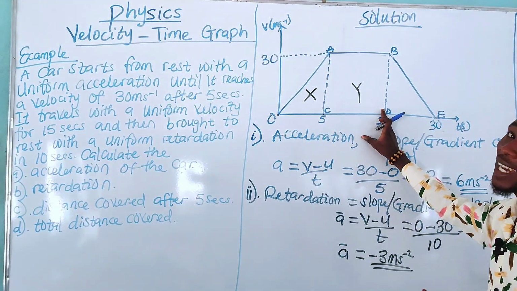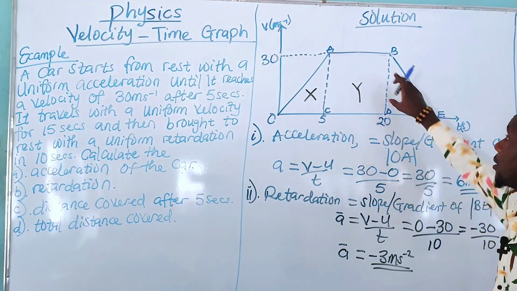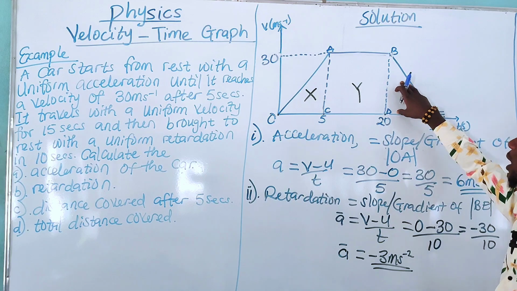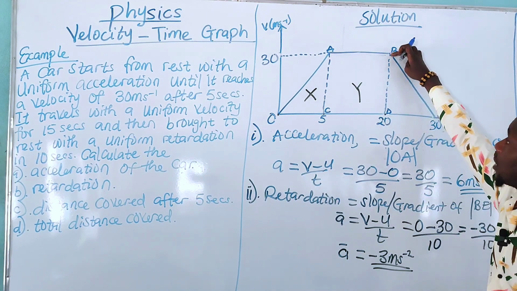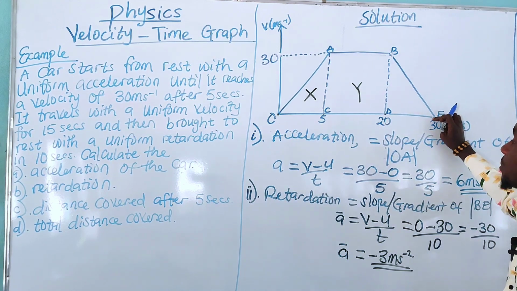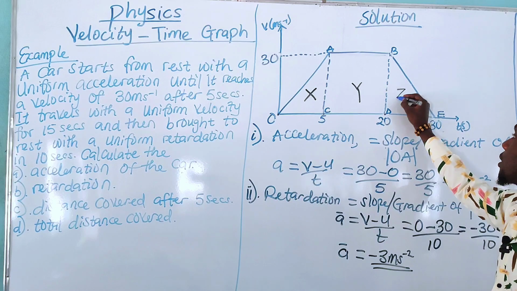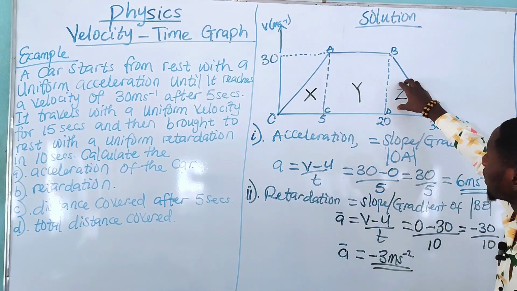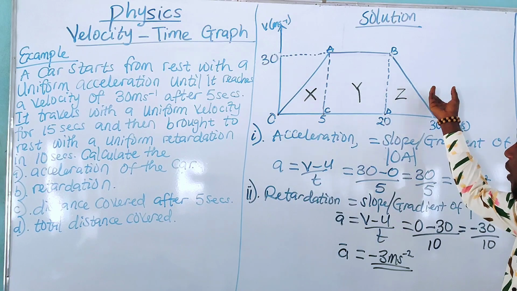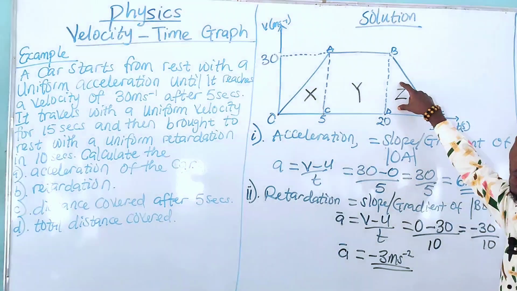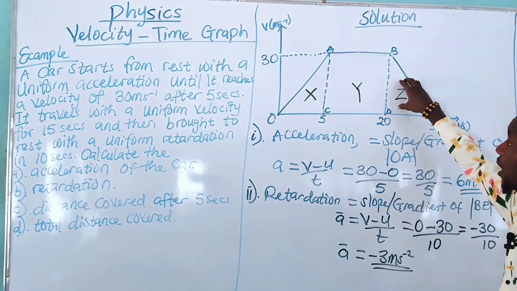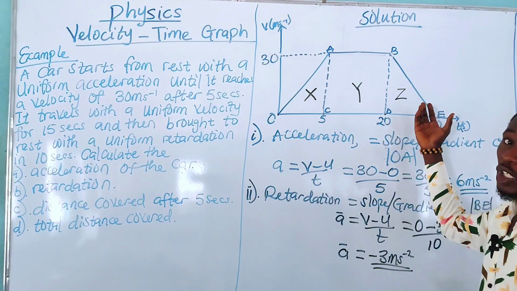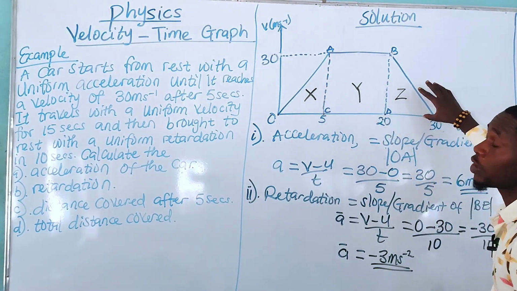If the question says find the total distance, then we also have to add this other part, when the body is moving with a uniform deceleration, let's call it z, for instance. That is also a triangle. Since it is a triangle, we also use the area of a triangle to find the area. When we are done with that, we add the three of them up.